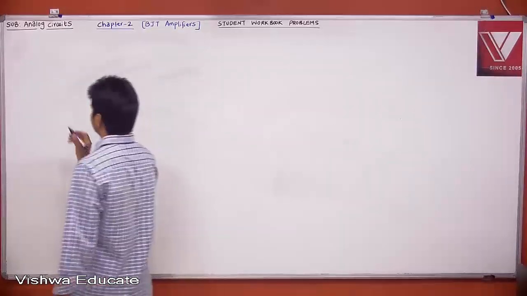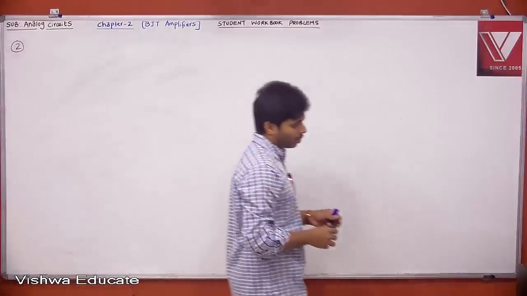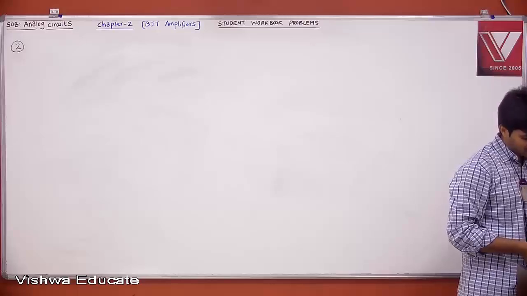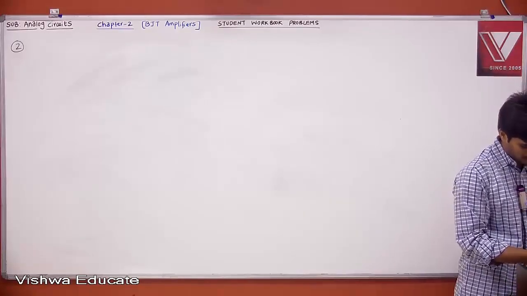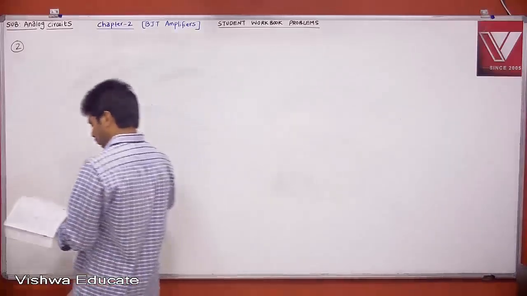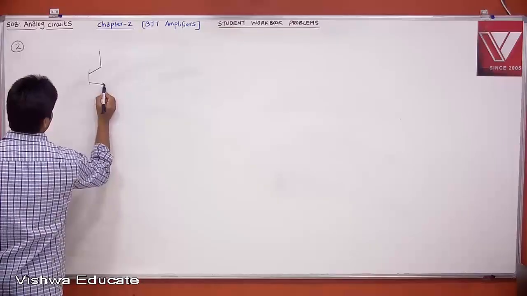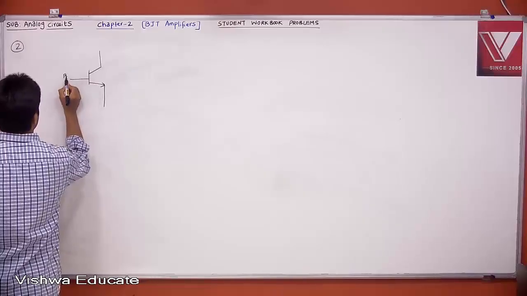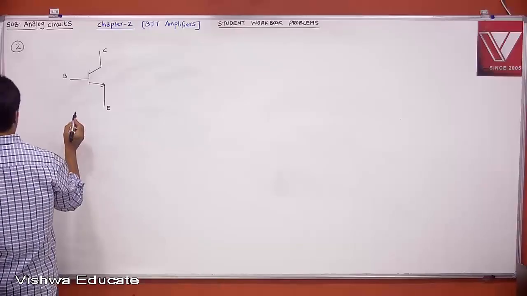Problem number 2. If the transistor in the figure is in saturation, then this is base, collector, emitter.